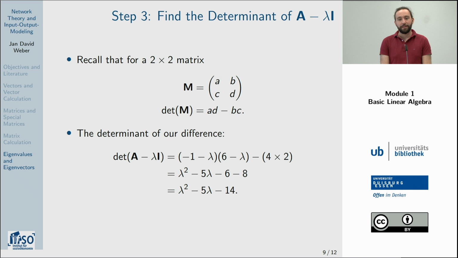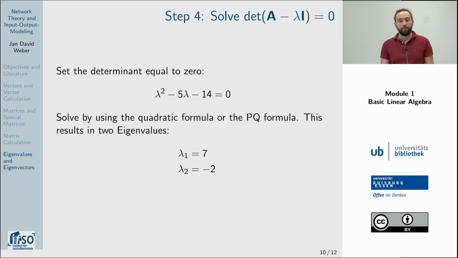And here we have the determinant of this matrix, which is A minus lambda I, and we calculate the determinant of that, which gives you lambda squared minus 5 lambda minus 14. In the 4th step, you just have to solve for lambda if that equation is 0. And that's something you've seen before as well.